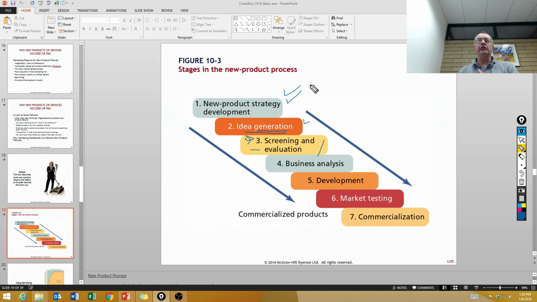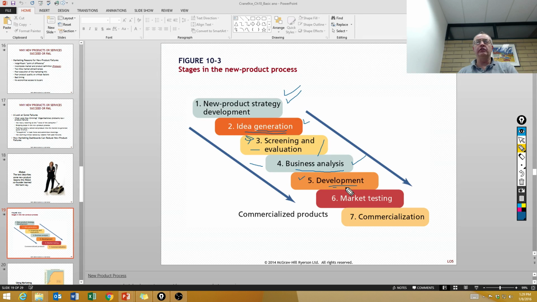Once you shortlist them down to a manageable number, you conduct a business analysis to verify the market for the product. If your new product idea passes that stage, you develop some prototypes to see if it's even feasible to manufacture it economically.